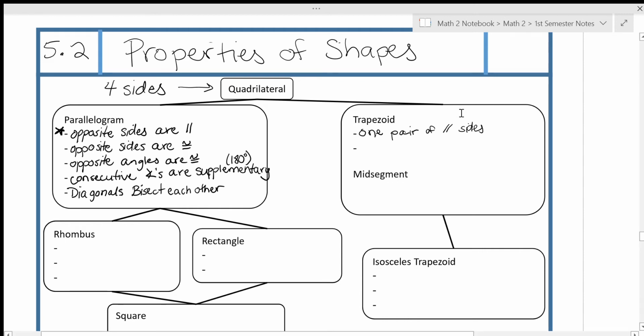And if we have a quadrilateral that doesn't have any parallel sides, then it's just a quadrilateral. It's not any more specific than that. Trapezoids have 1 pair of parallel sides, and then they also have same side interior angles, which we also sometimes call consecutive interior angles.